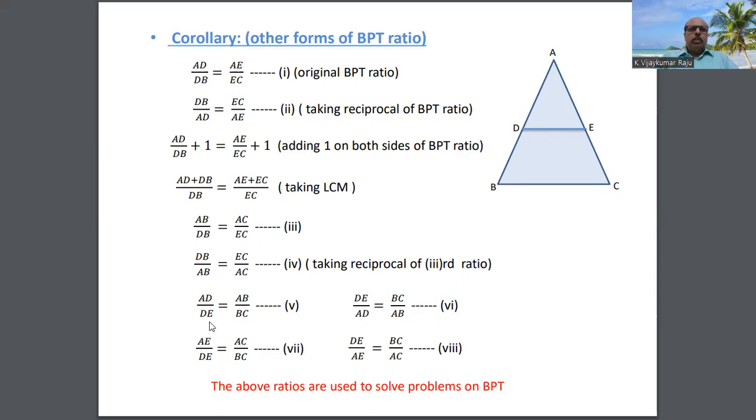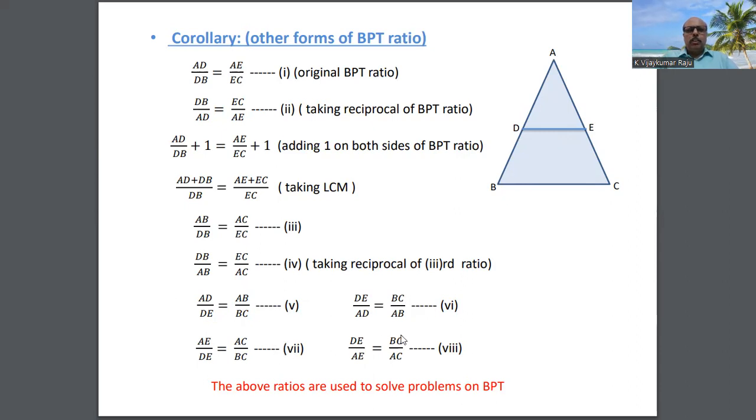So AD upon DE is equal to AB upon BC is the fifth ratio. You can take the reciprocal, you'll get DE upon AD is equal to BC upon AB. This becomes the sixth ratio. Take the other side of the triangle, it becomes AE upon DE is equal to AC upon BC, the seventh ratio.